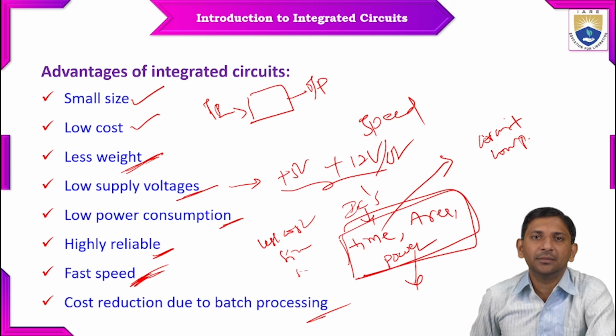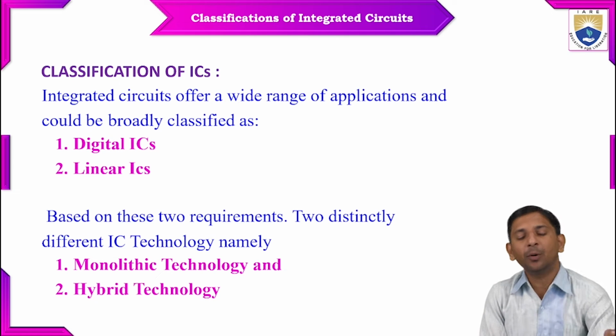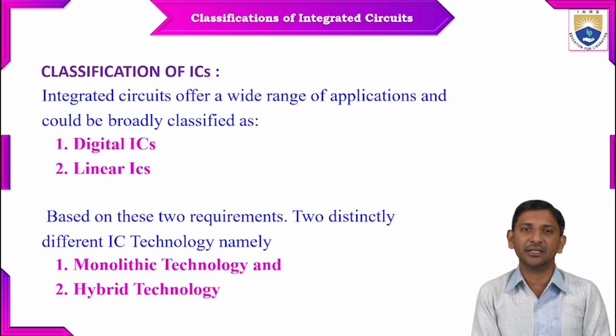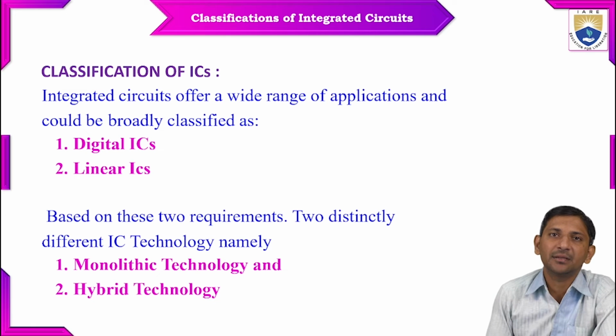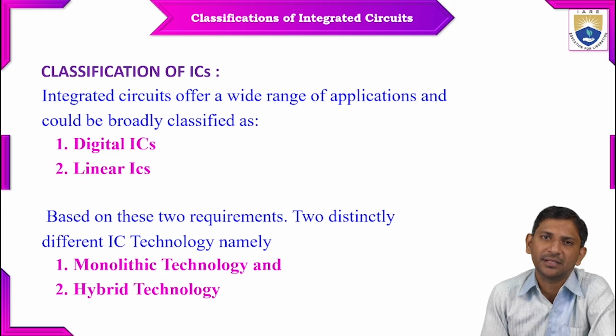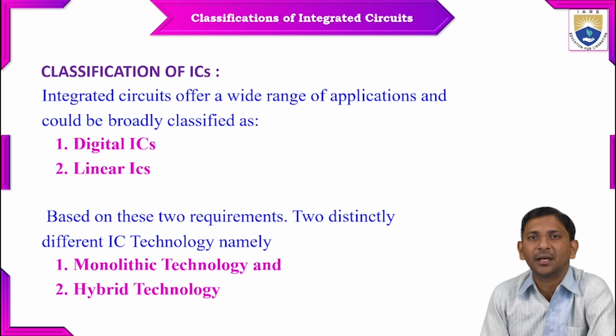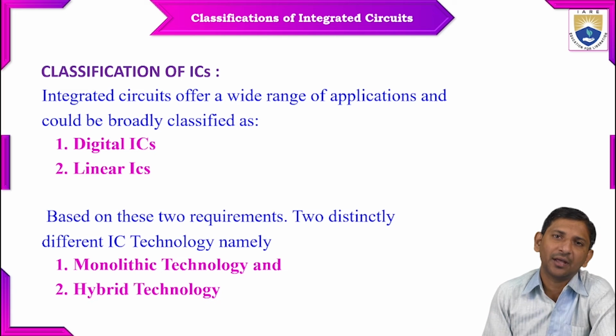And the next one is classifications of integrated circuits. How are integrated circuits classified? Based on the wide range of applications in electronics, in real-time applications like signal processing, image processing, the communication sector, satellites, the defense sector, wherever we use integrated circuits. Everywhere integrated circuits have replaced older approaches nowadays.